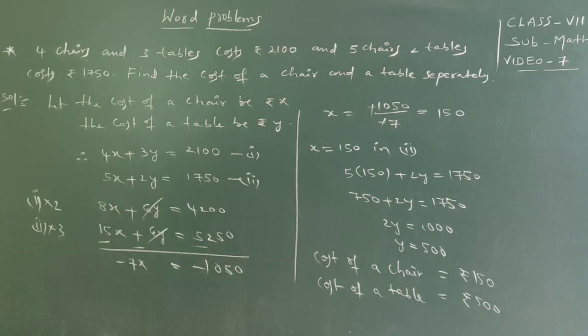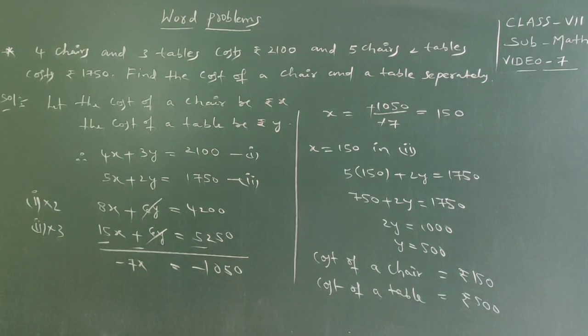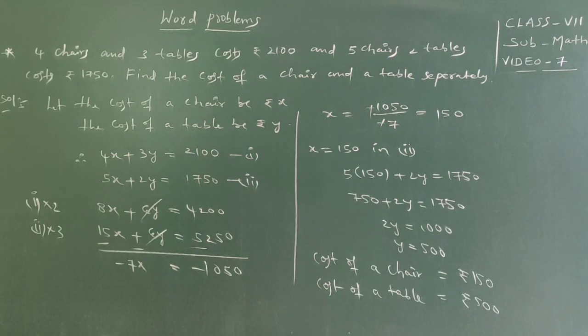So after simplification, we get the x value as 150, that is cost of chair. X needs to be substituted in any equation, either in first equation or second equation. Here after substitution in second equation we got the y as 500, that is cost of a table.